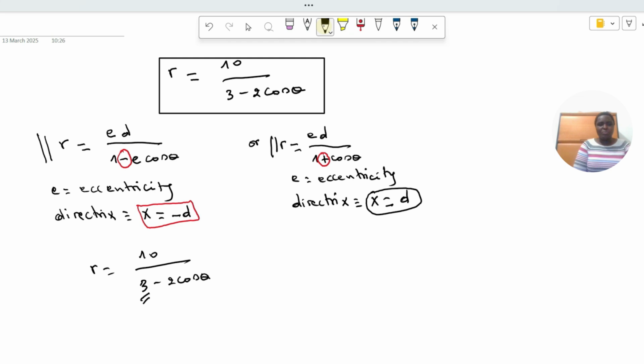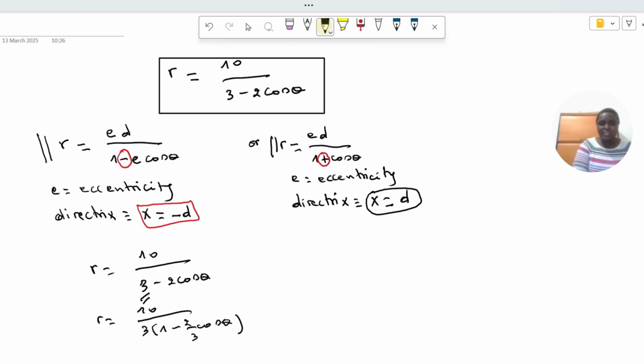So how are we going to do this? We can rewrite r as 10 over 3 times 1 minus 2 over 3 cosine of theta, like this.